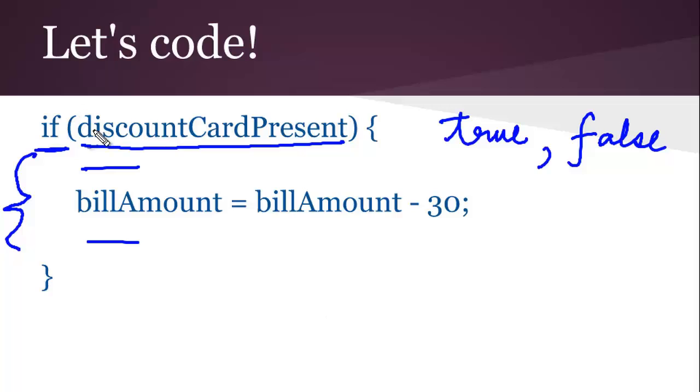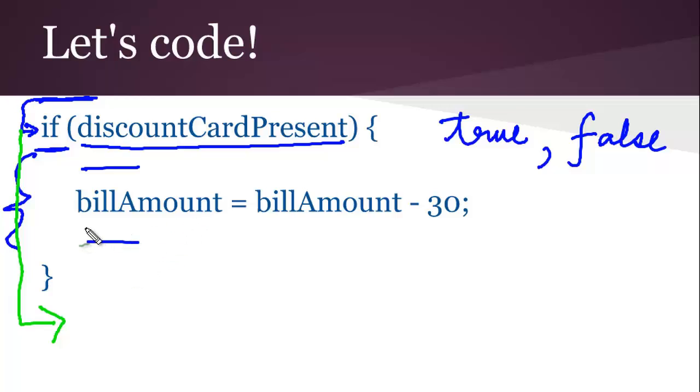When the execution of the program is going on here, it will check whether the discount is present. If it is present, then these statements will be executed. Otherwise, the flow of the program will directly go here, that is, after this particular if ends.